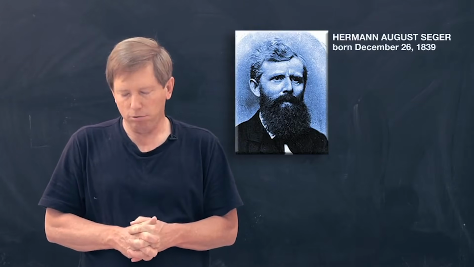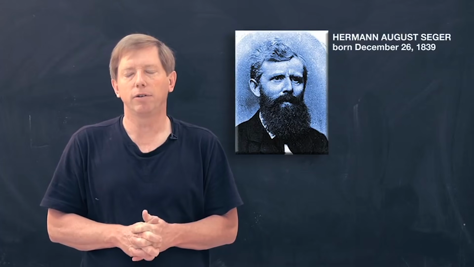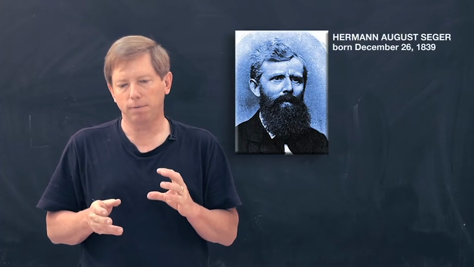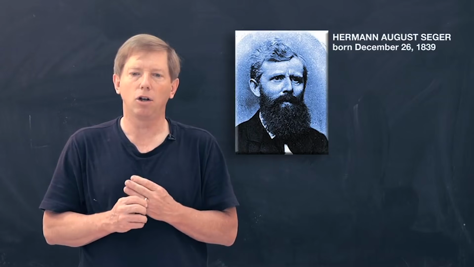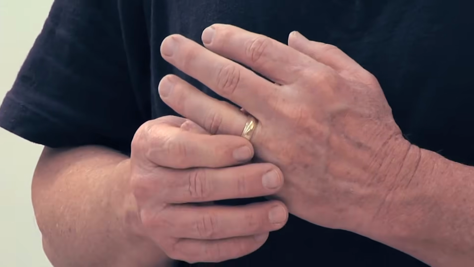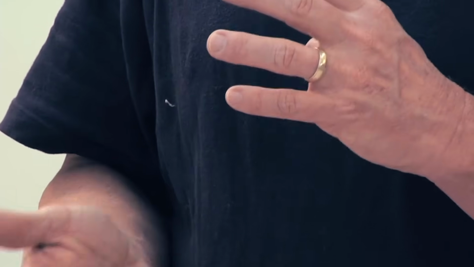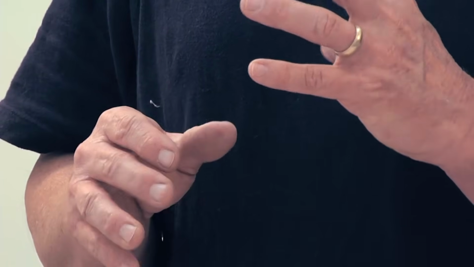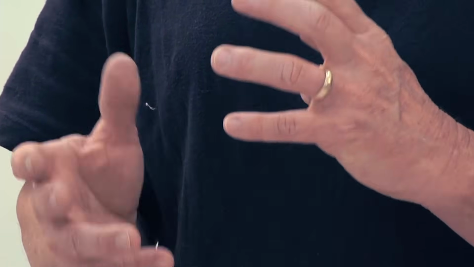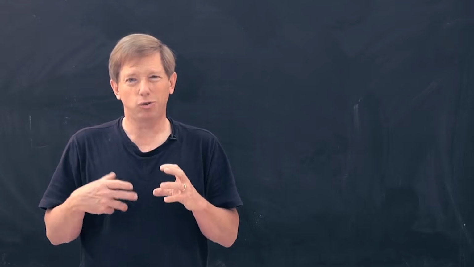You may have heard of Hermann Seger. He was a German scientist in the late 1800s, and he worked at a porcelain factory in Germany, and they had a lot of losses there, glaze flaws. So what he wanted to do was go back to the atom, the basic building block of matter, determine the properties of atoms and try to figure out the structure of a glaze.